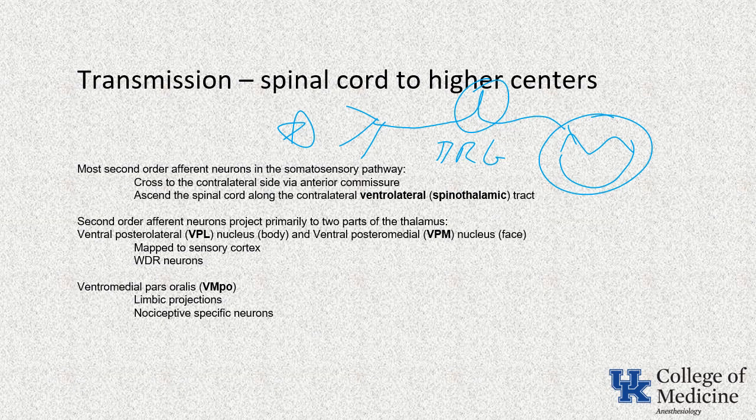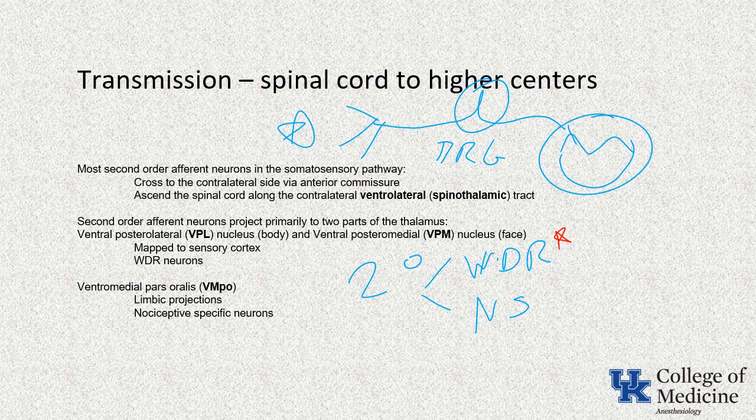They synapse on secondary order neurons, and there are two types as previously discussed. Wide dynamic range neurons, which are the most prevalent, and nociceptive specific neurons. Wide dynamic range neurons are named that because they can receive various inputs other than nociception.